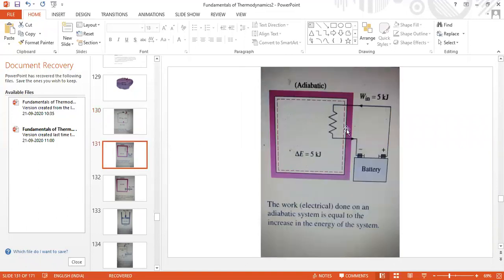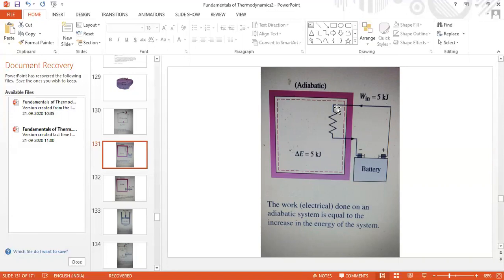Here in this problem, for example, this is an adiabatic system. That means there is no heat term, neither heat enters nor heat is rejected. So here some electrical battery is giving power, that is work input.